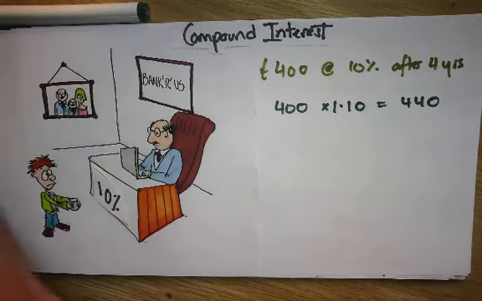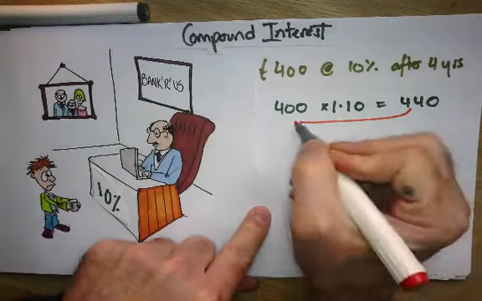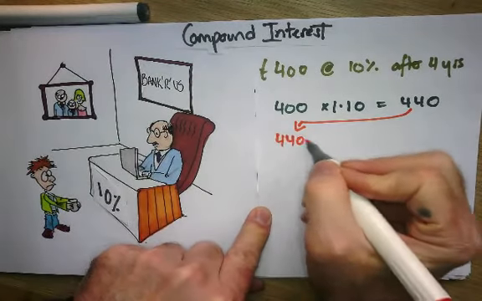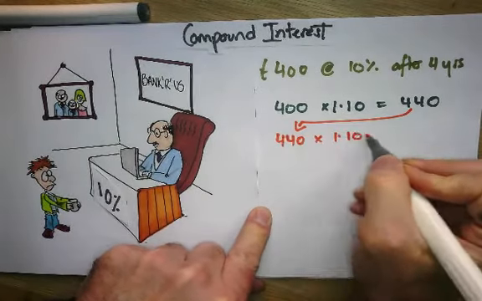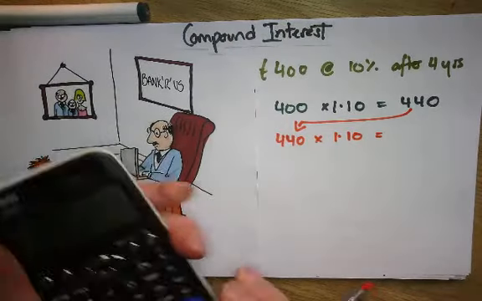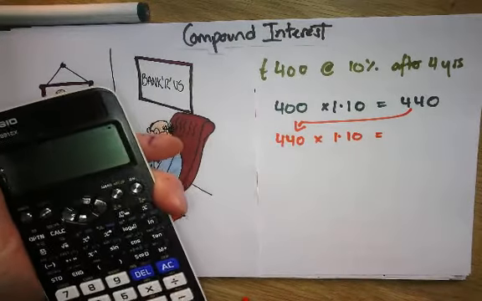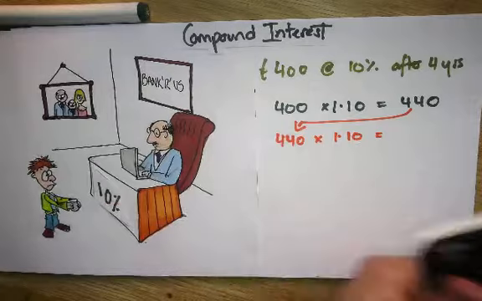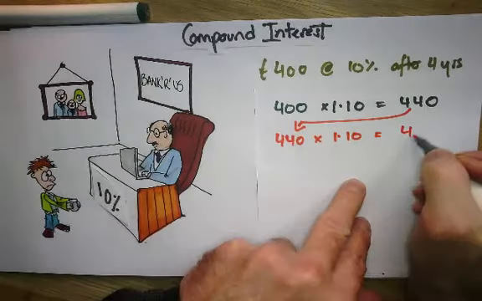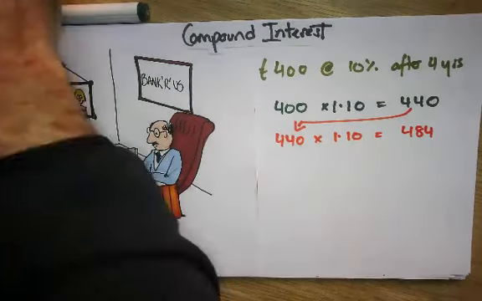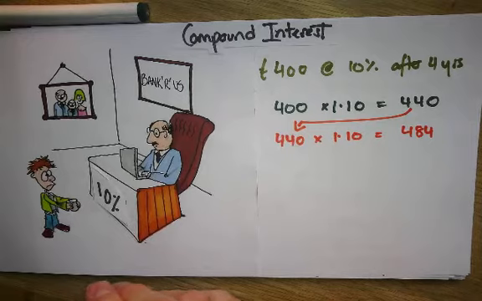But then what happens, assuming he doesn't take any money out, is that now goes into the second year as not 400, but 440. And that is then times by 1.1. So I have 440 times 1.1 equals 484. And then that is put in for the next year.